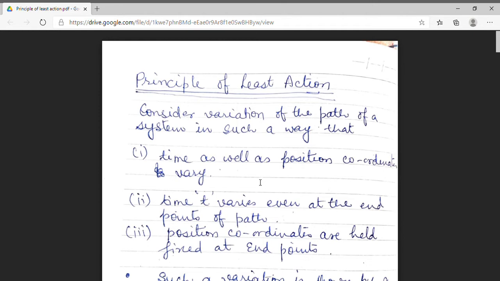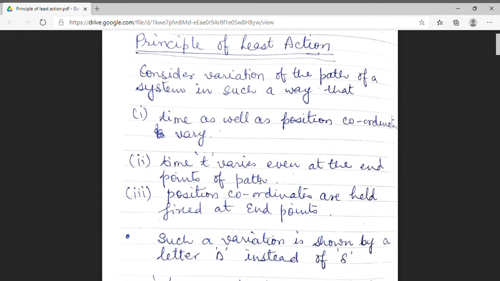In my today's lecture, we will discuss the principle of least action. For this purpose, I consider a variation of path, and this variation is considered in such a way that initial and final points also vary. That means position coordinates vary, and there is also variation in the time.